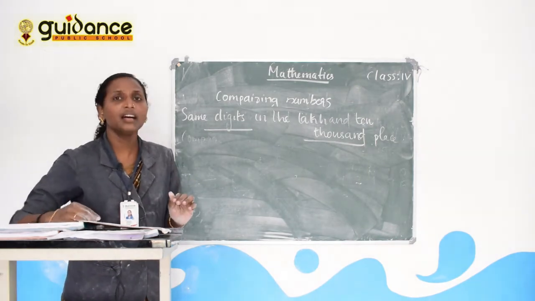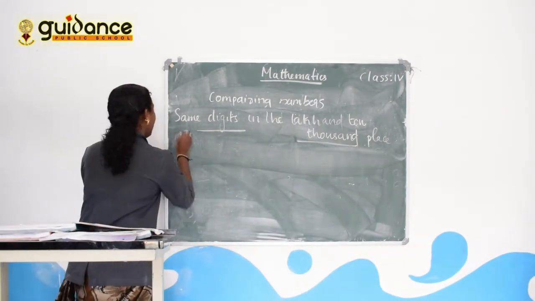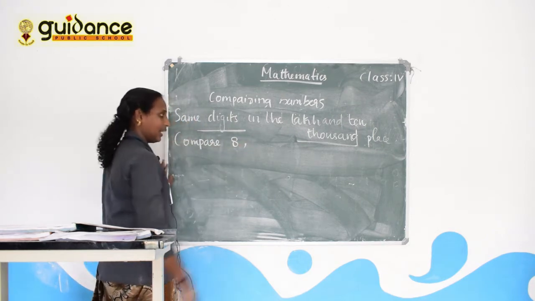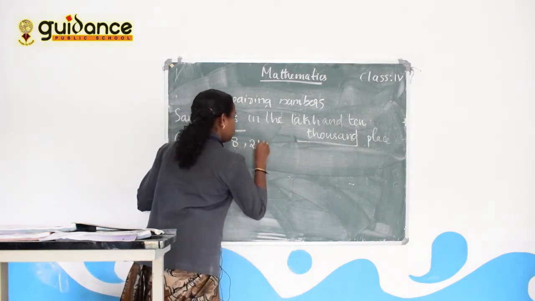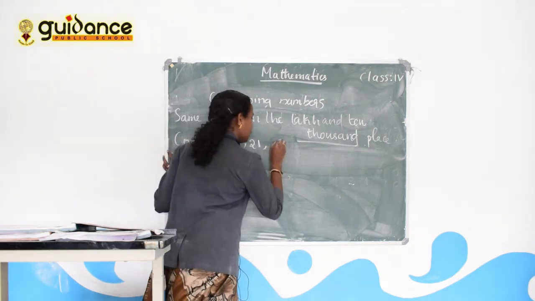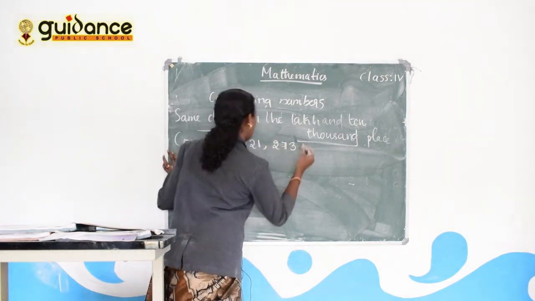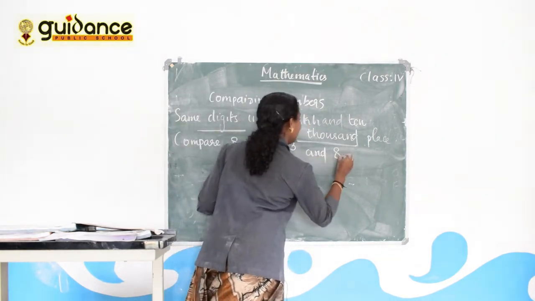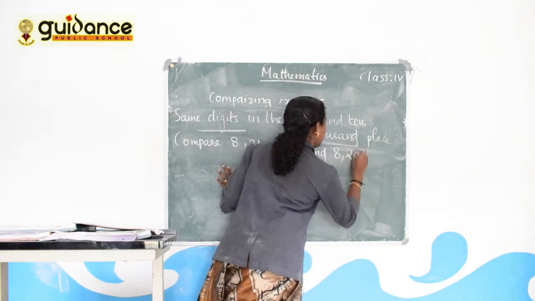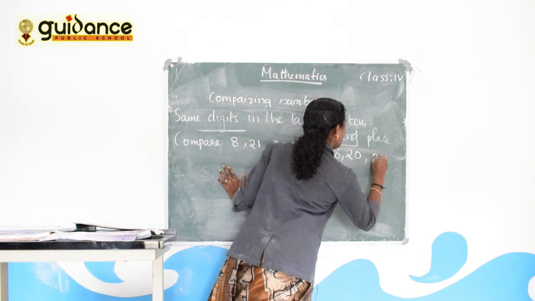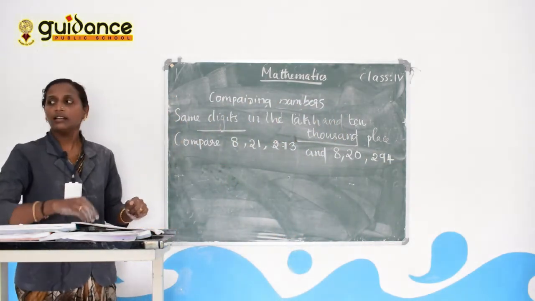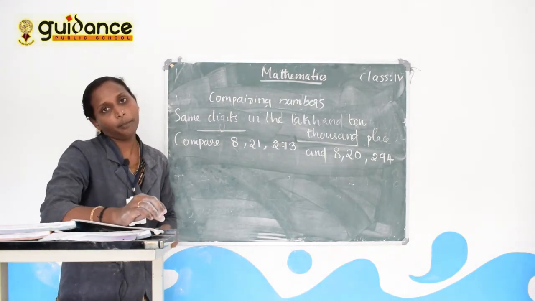Then compare one example. Compare 8,21,273 and 8,20,294. So we compare these two numbers.